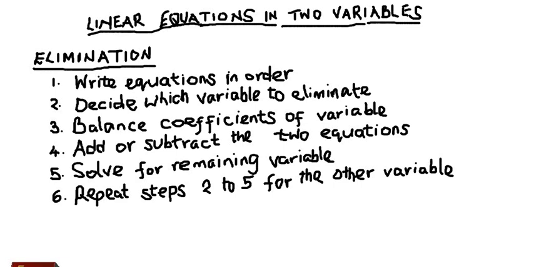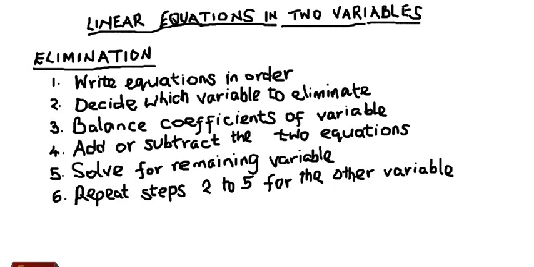If the equations have been given to you with coefficients that are already the same, which means the coefficients in the equations are balanced, then you can proceed to step number 4, which is to add or subtract the two equations so that you eliminate the variable you decided to remove.